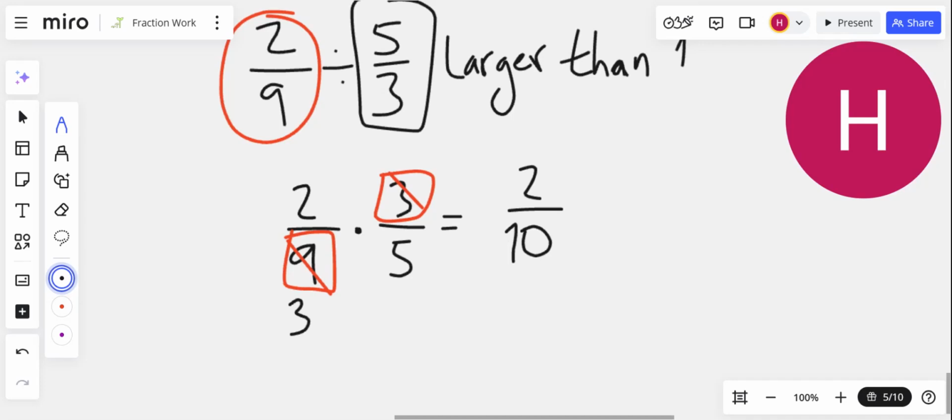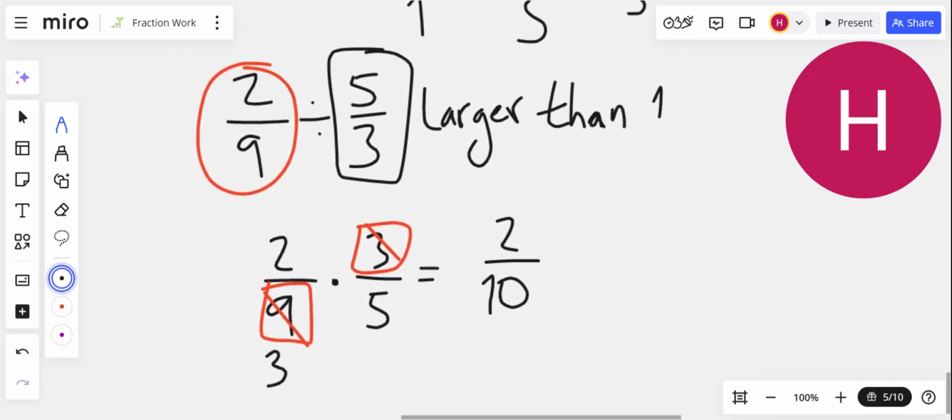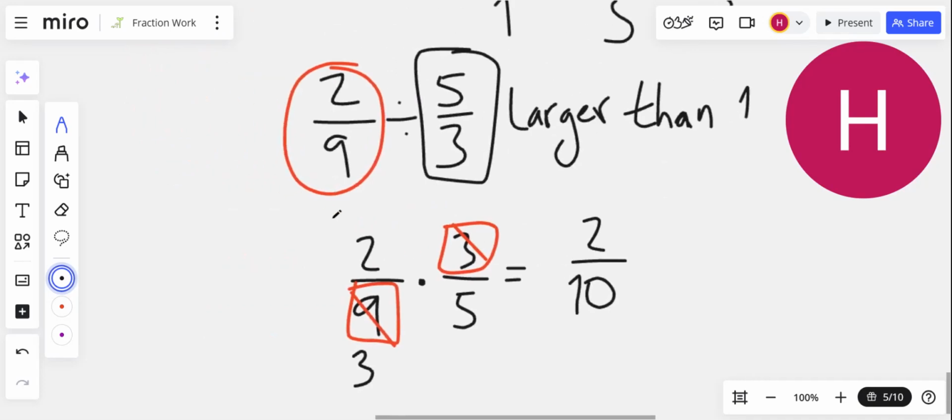It should make sense that this is smaller than 2 over 9. Why does it make sense that it's smaller? Because think about your cookies and people again. If we have 2 cookies and 9 people, then everyone's going to get a little piece of cookie, just a little bit.